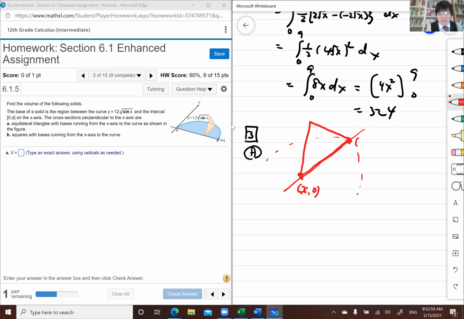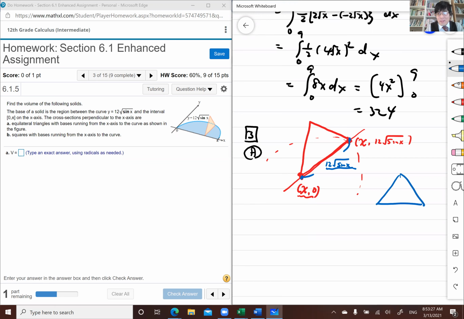And this point will have the same x coordinate as this point, but the y coordinate satisfies this equation, so it is 12 square root of sine x. So the length of the side of the equilateral triangle is 12 square root of sine x. y 座標の差ですね。y 座標の差。So that's going to be one side length.